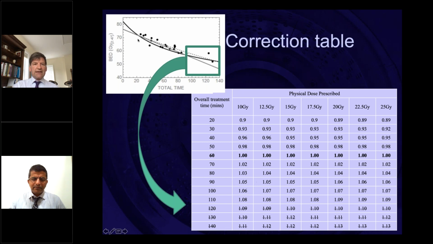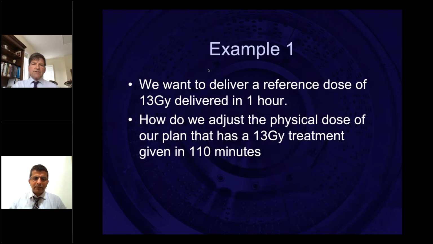So the black line here on the chart is equation A9. That's a true bi-exponential equation, while the straight line there is what we have on this correction table. And you can see that at long treatments, we start to get a deviation from the true values. But we can use this to normalize our treatment.